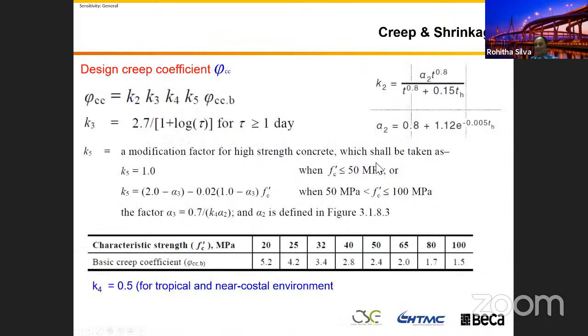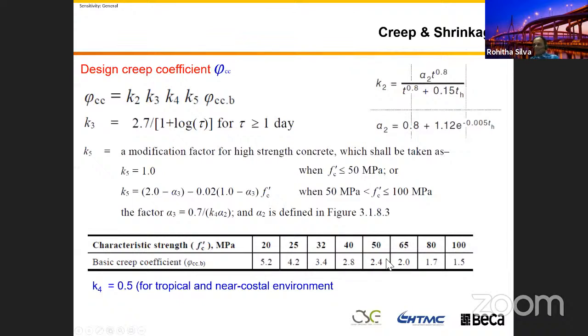Similarly, AS 5100 describes creep. It also starts with the basic creep factor, which is evaluated based on the different concrete strengths. In the old days we used 136, then 124 mix, 20 MPa, 25 MPa; for these mixes the creep is quite high.